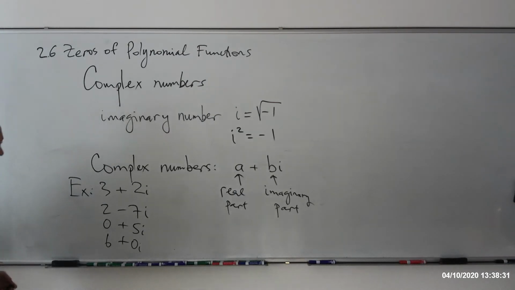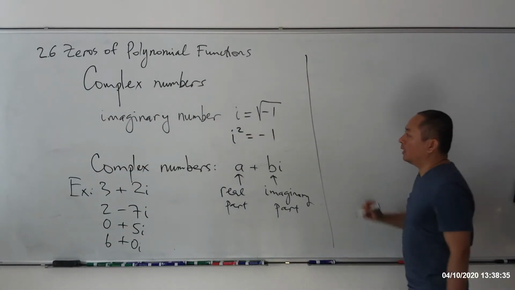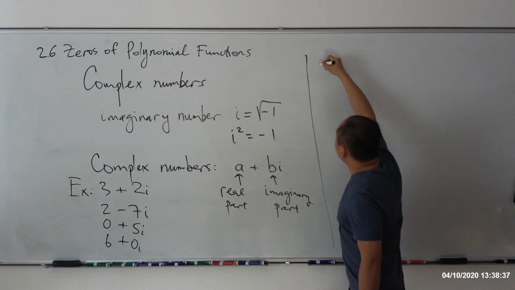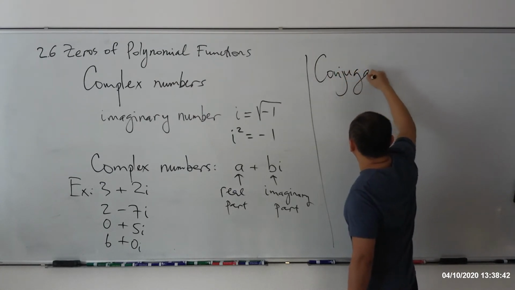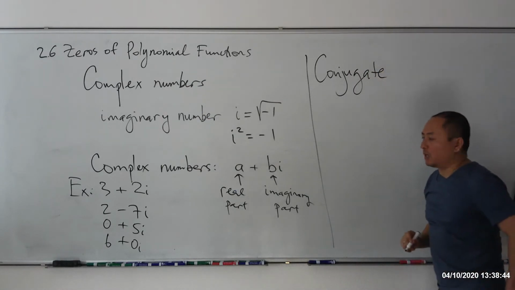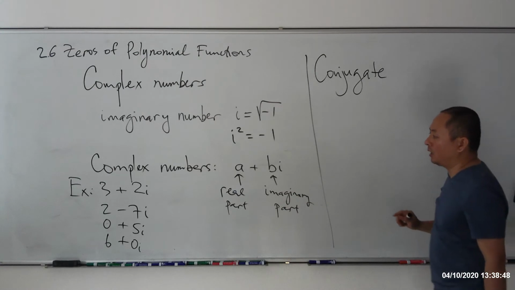All right? Now, let me introduce one more term about complex numbers you will see in this section today, called the conjugate. The conjugate of a complex number is a new complex number where we change the sign of the imaginary part.